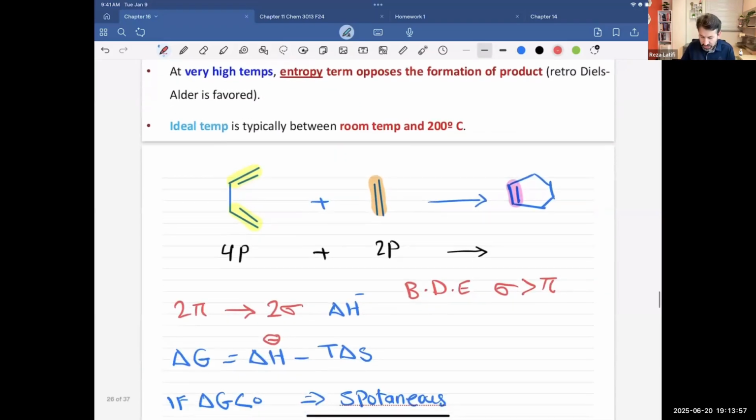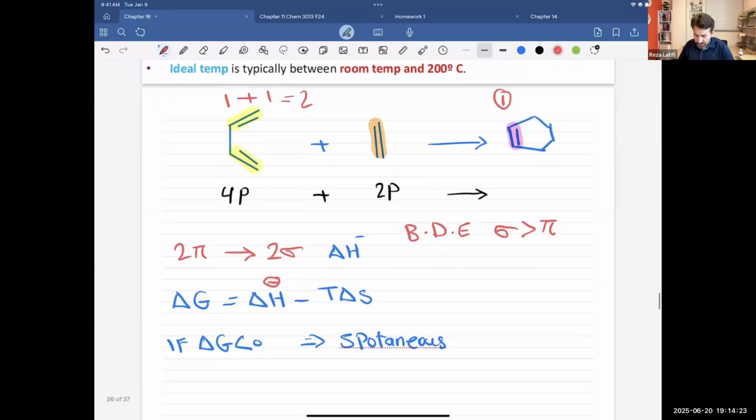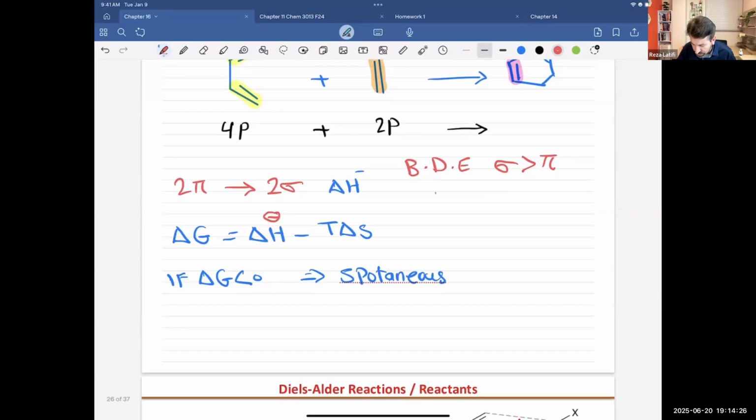But let's check the entropy. What's the entropy? Technically, how much randomness you have in the system. Or how about this: how many molecules did you start with, and how many did you get at the end? I started with 1 plus 1, so 2 molecules, and I ended with 1 molecule. Because I combined them, the entropy is going to go down. So the delta S of the reaction is going to be a negative number.